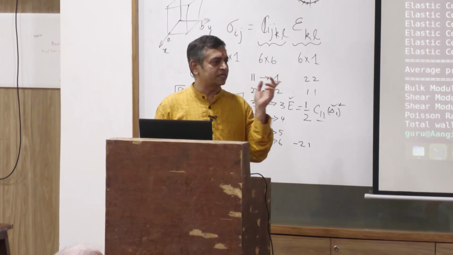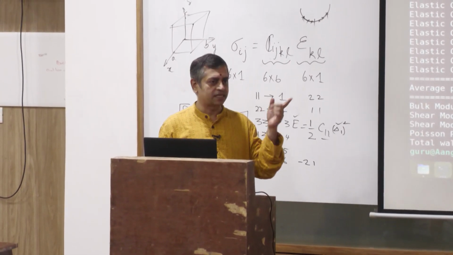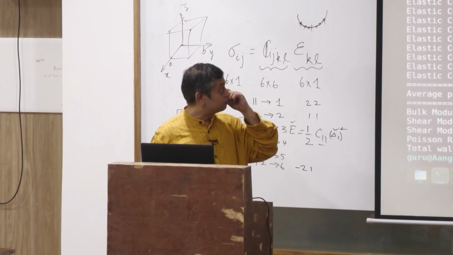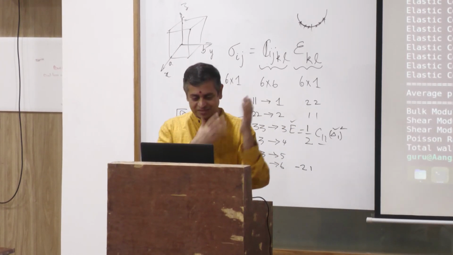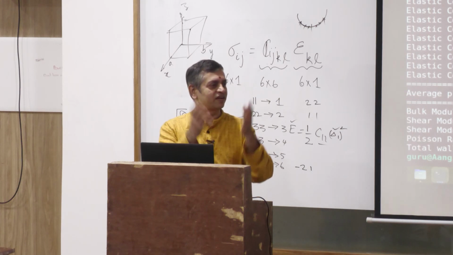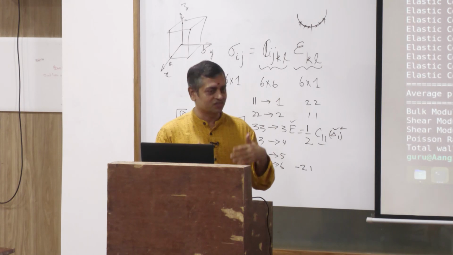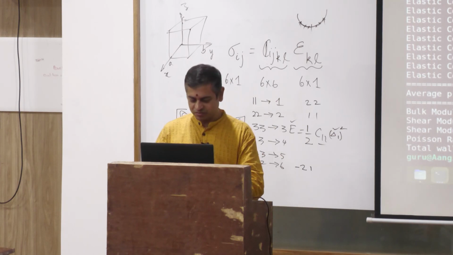Based on this, one of our students, Kamalakshi, has written a code and we have evaluated elastic moduli. But it is no different from this. We just modified the potential, or we gave an alloy potential to evaluate moduli for an alloy and so on. Other than that, we did not do much of a change.